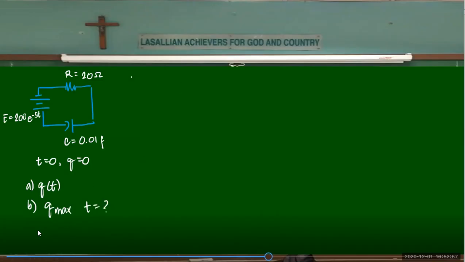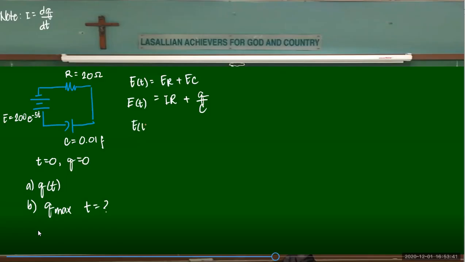All right. So here E is ER plus EC. For ER, that's IR. For EC, that's Q over C, a function of time. Note that the current is the differential of charge with respect to time, dq over dt.